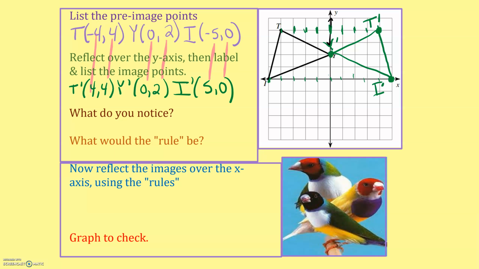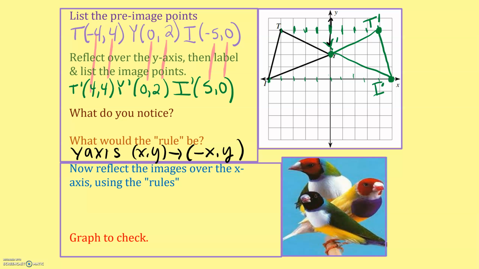Well, what I notice is that my x values have now changed signs and my y values are exactly the same. So our rule for the y-axis reflection is that our (x, y) point moves, where now I am multiplying my x by -1, but my y's stay exactly the same. So I can actually do it mathematically, or I can do it by counting.